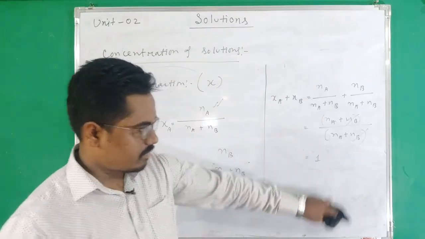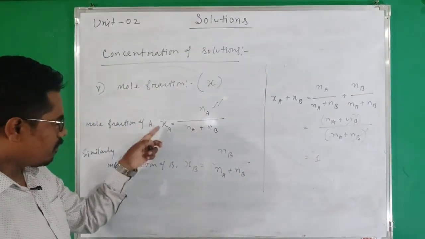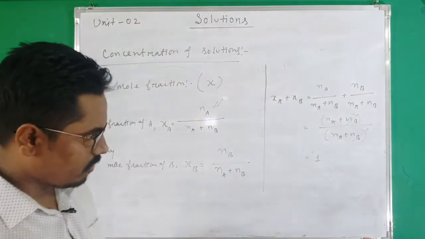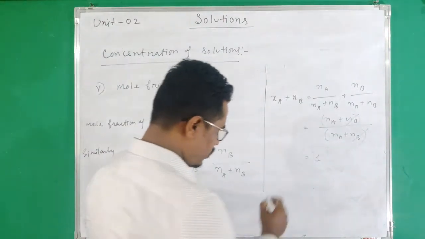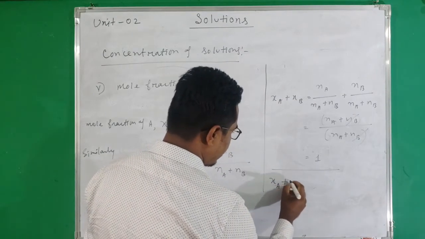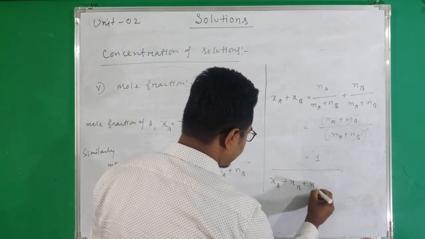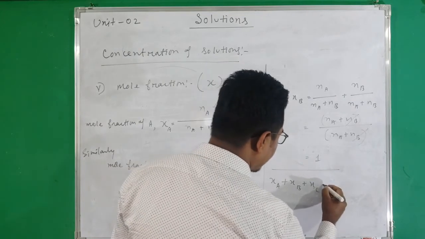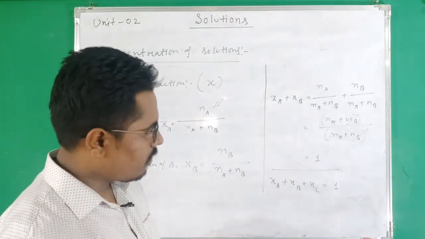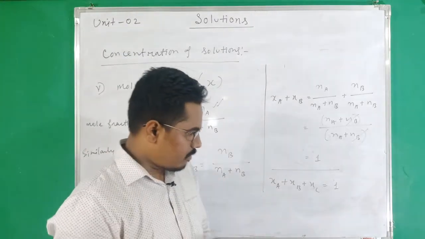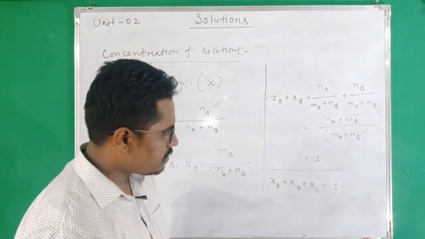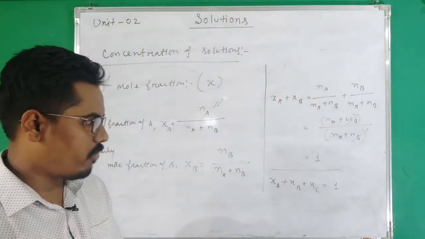So when we add the mole fractions of different components in a solution, the result will always be 1. Suppose in a solution there are 3 components and their mole fractions are XA, XB and XC. Then the result will also be 1.